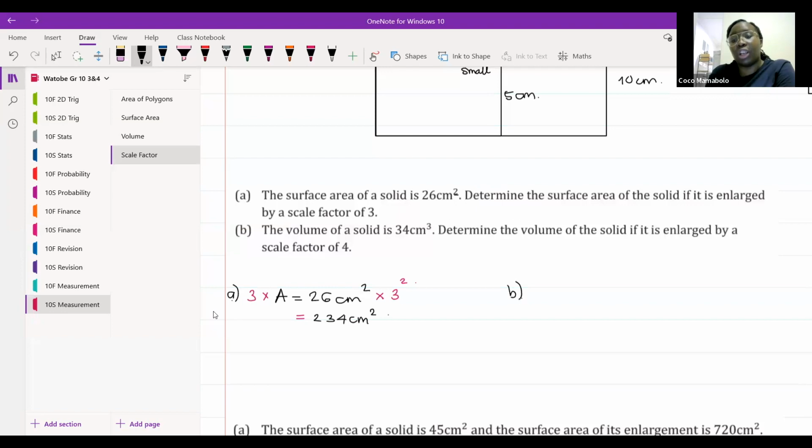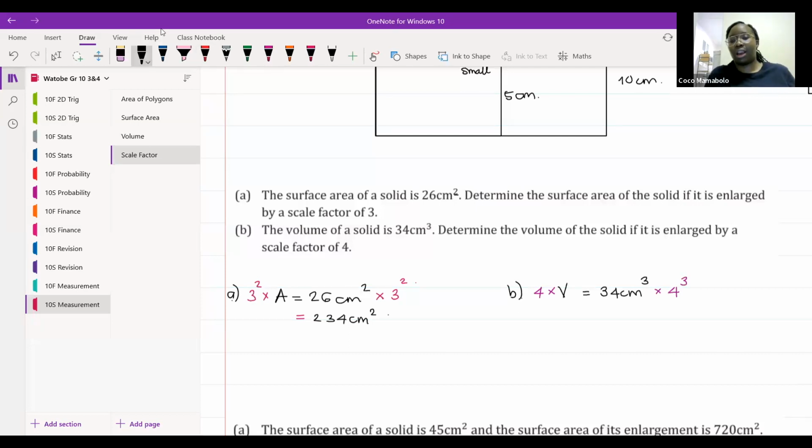B says the volume of a solid is 34 centimeters cubed. Determine the volume of the solid if it is enlarged by a scale factor of 4. And I shouldn't teach you guys to just leave that 3 over there. We need to square it as well. Okay, so we know that our scale factor is multiplied by 4, but because it's cubed, I need to multiply by 4 cubed.